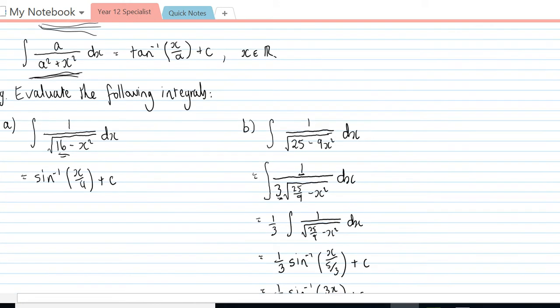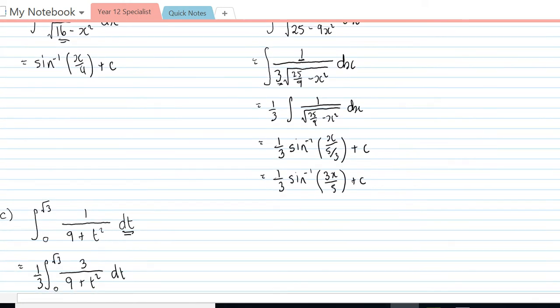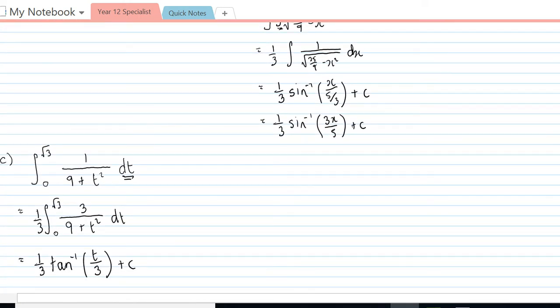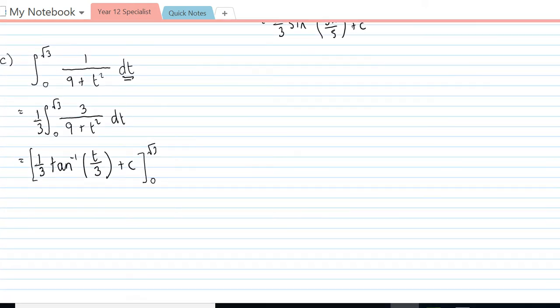However, this is also a definite integral, and so this is going to be between 0 and √3. So when we do definite integrals like this, the plus c basically gets cancelled out in the process.